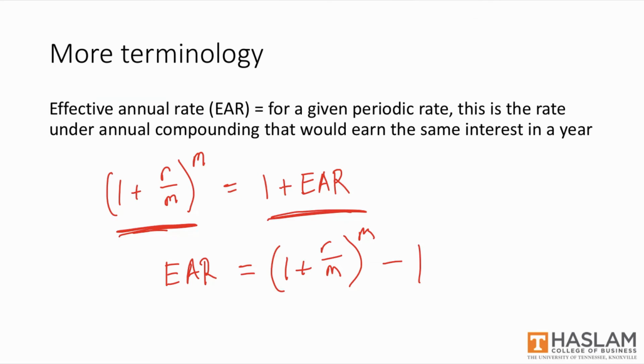One last note on the compounding periods. What happens if M goes to infinity? That is, interest in the current instant begins earning interest the very next instant in time. We call the M equals infinity case continuous compounding.